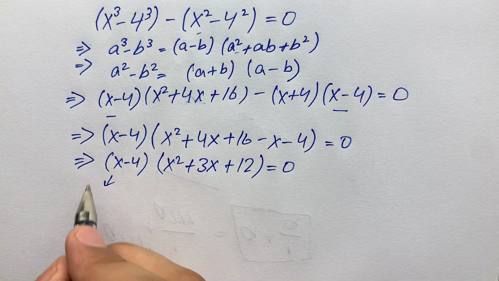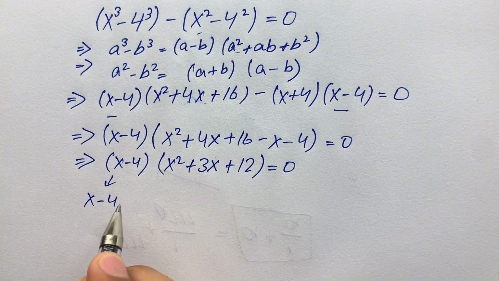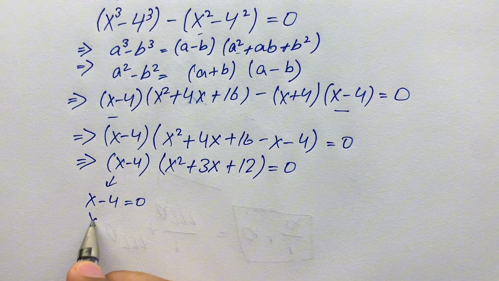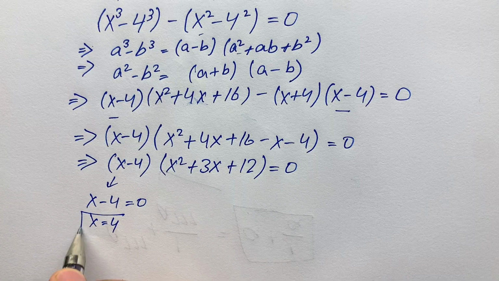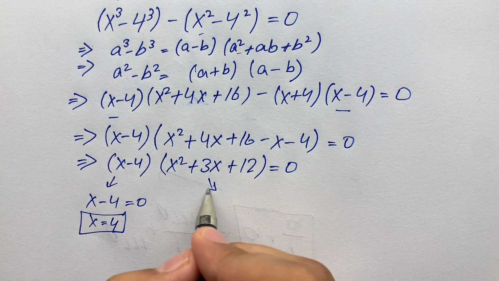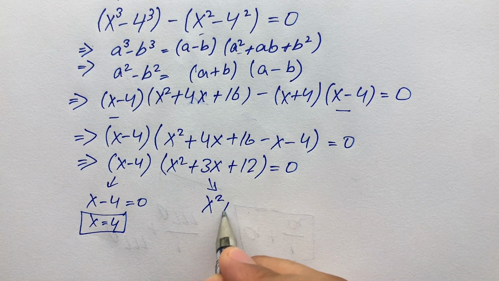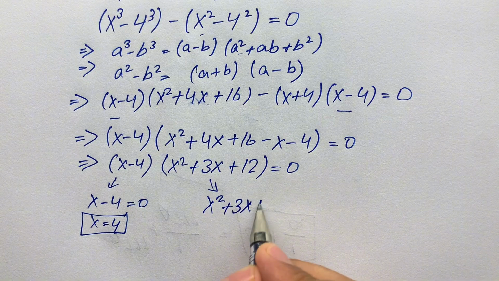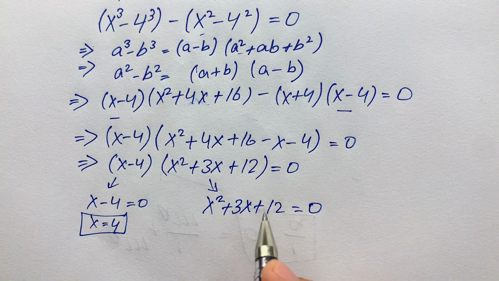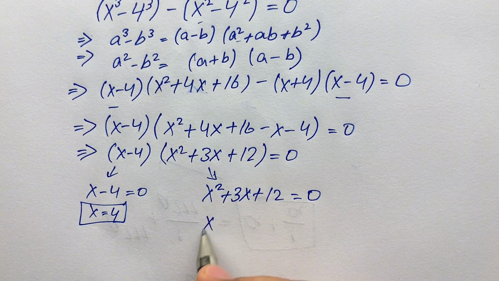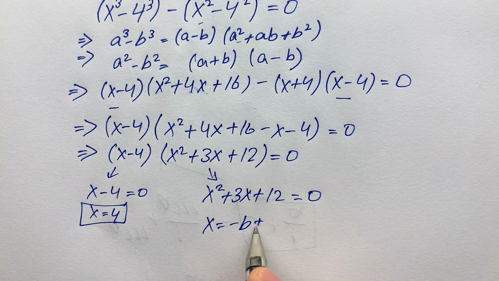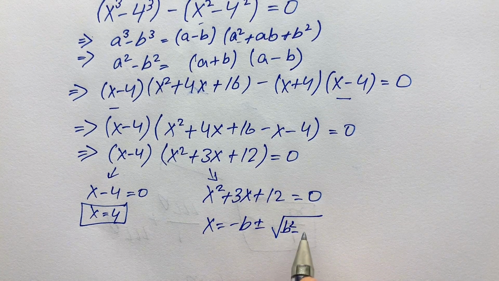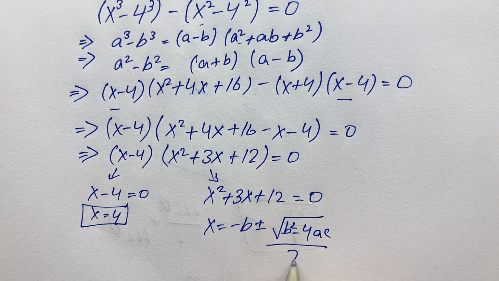And now we will solve each side. x - 4 is equal to 0, so x is equal to plus 4. And now we are solving this side: x^2 + 3x + 12 is equal to 0. Now we use x is equal to minus b plus minus the square root of b^2 - 4ac, divided by 2a.